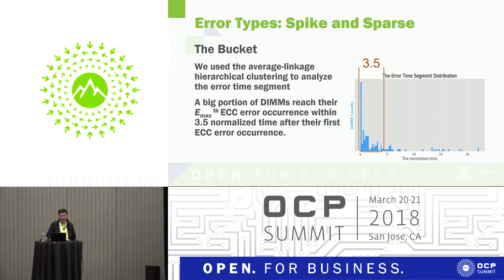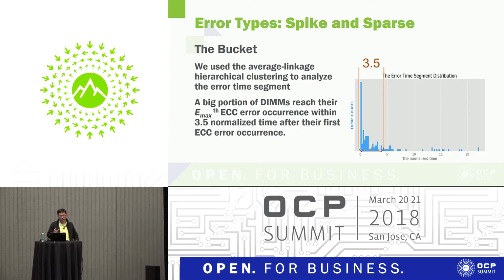Then we find something. We use an average linkage method to analyze whether we find any special type of DRAM errors. After this analysis, we find lots of errors occur within 3.5 normalized units. We call it a bucket.